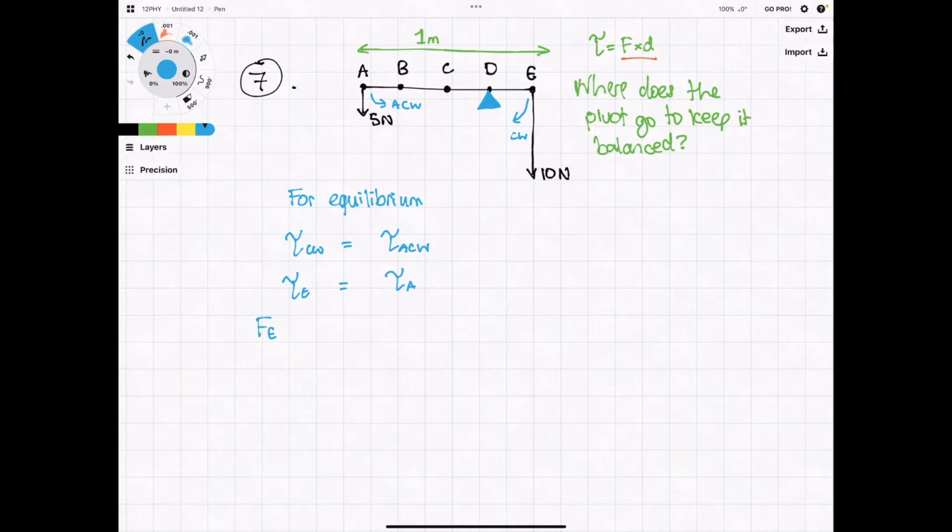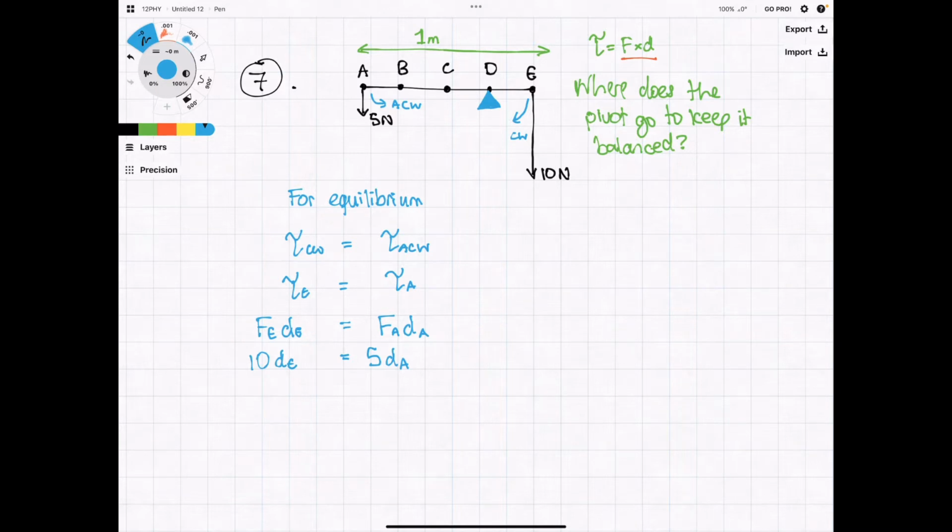Force at E, distance of E, equals force at A, distance A. Then we replace these forces with the forces given to us. So force at E was 10, distance E, equals 5, distance of A.